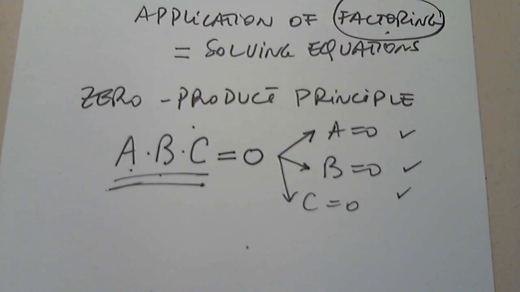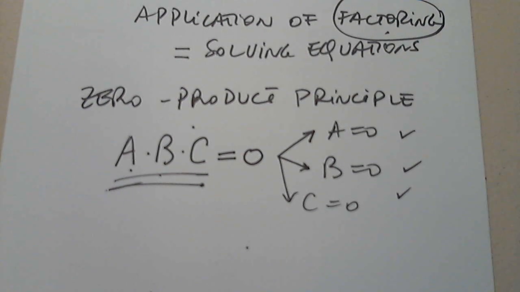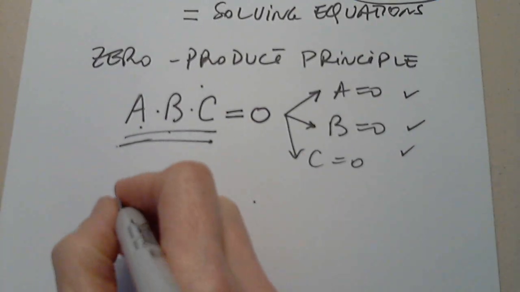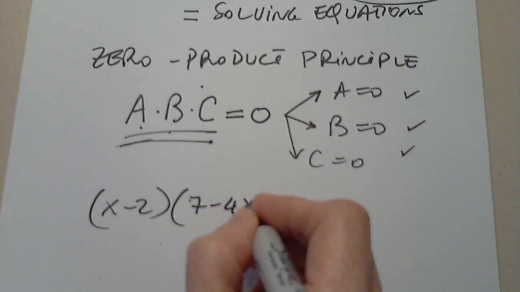Good. So now let's take a look. On page 2 of this document, we have the zero product principle, and we are asked to solve several equations. Let's start with the first one, in which we have (x minus 2) times (7 minus 4x) equals 0.